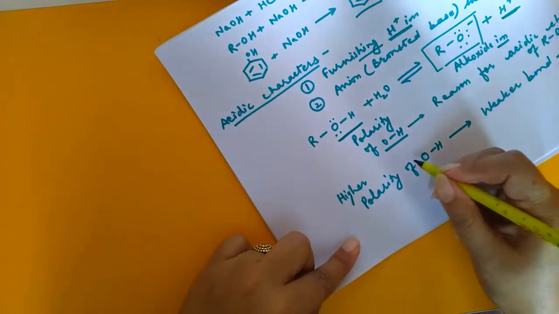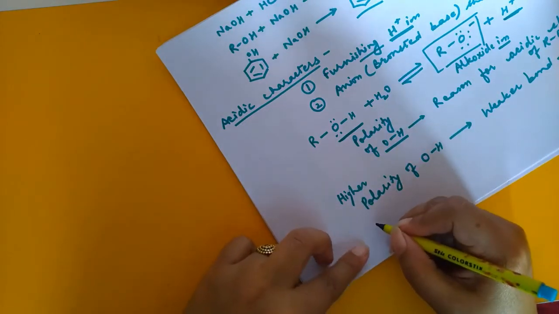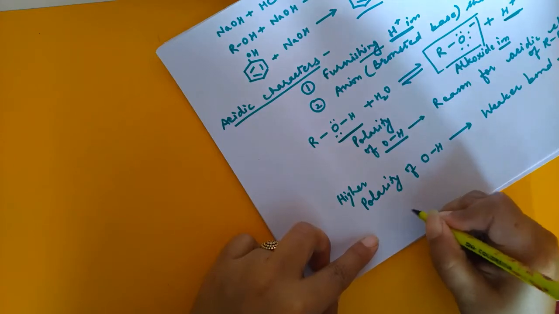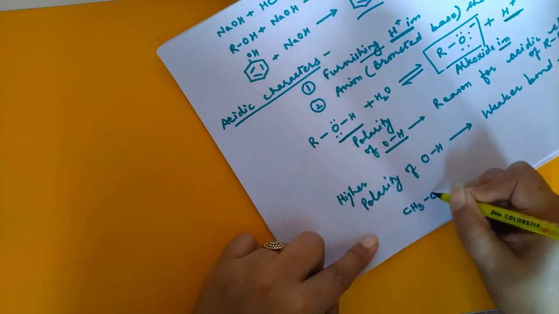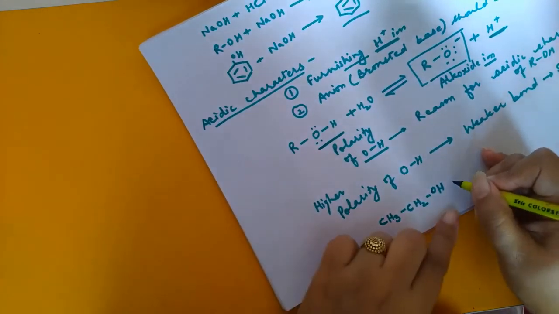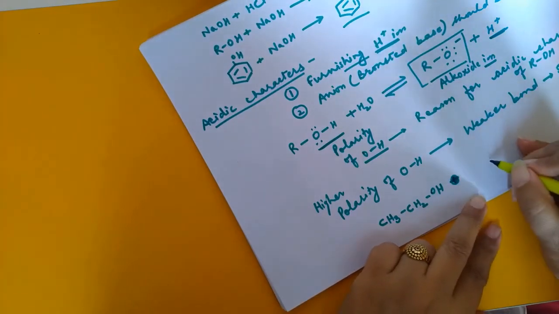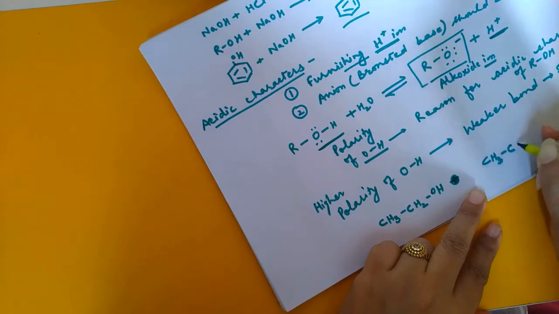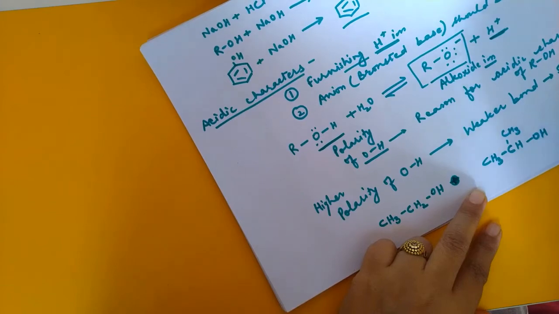So on this basis, we will compare the acidic character of primary, secondary and tertiary alcohols. Let's take an example. Say we have ethanol, CH3CH2OH. This is a primary alcohol. Then the next is a secondary alcohol, (CH3)2CHOH.